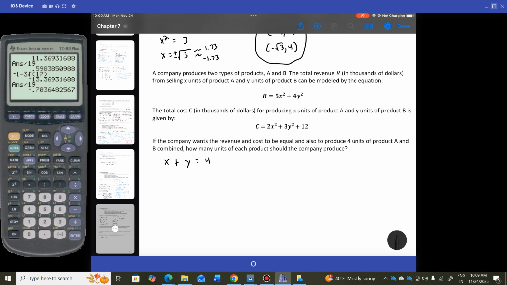So 5x squared plus 4y squared equals 2x squared plus 3y squared plus 12. Okay. Now I'm going to solve the first equation for one of the variables. Let's just say y. y equals 4 minus x.